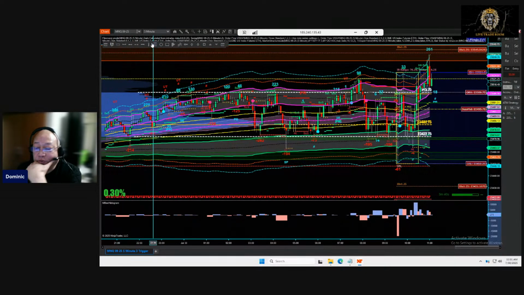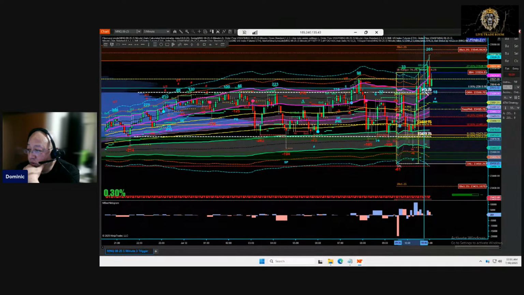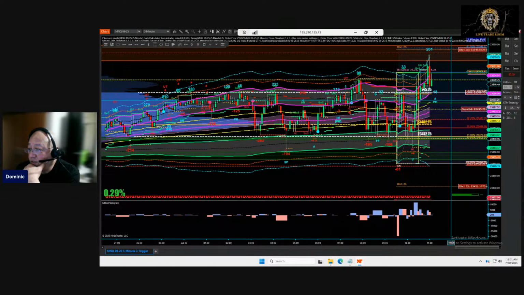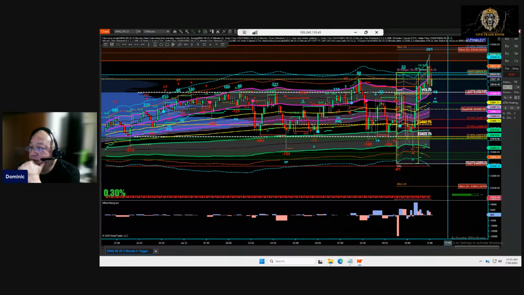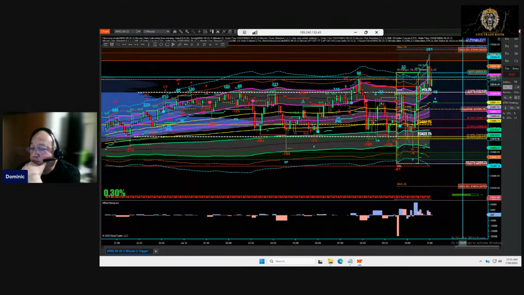Let's say from here to here, the 1.5 target is right there, and it hit it. You hit that target if you're just using the ORB, right? So I'm happy with that.